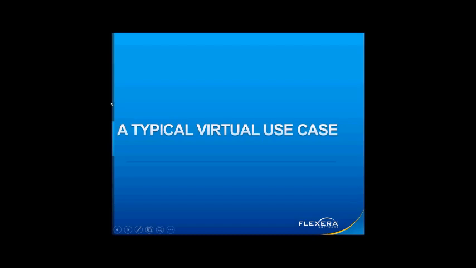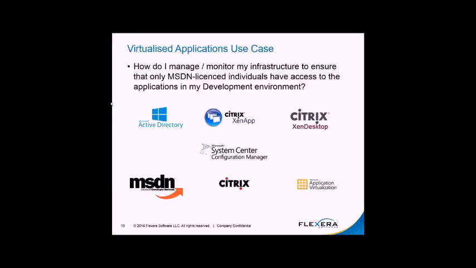Here's a typical virtual use case that we see in a number of organizations. The use case is, for example, how do I manage and monitor my infrastructure, taking MSDN as an example, to ensure that only allocated individuals have access to particular applications in my development environment, given that my development environment is in a very virtualized infrastructure that involves all of those applications and technologies.